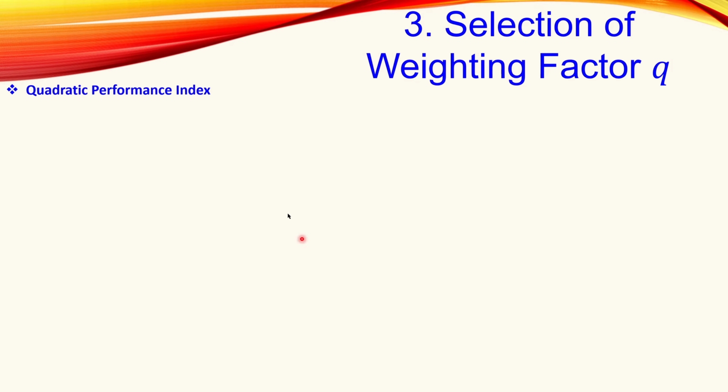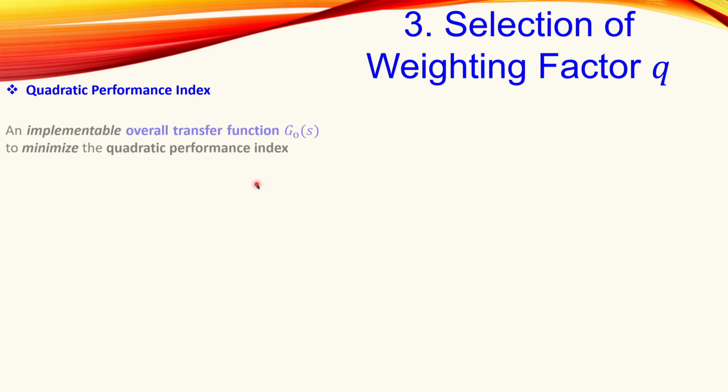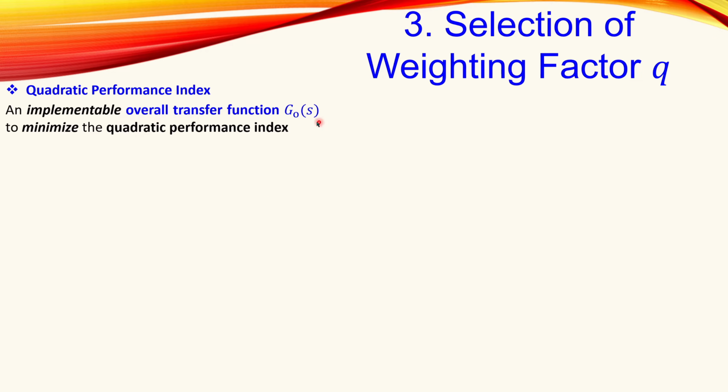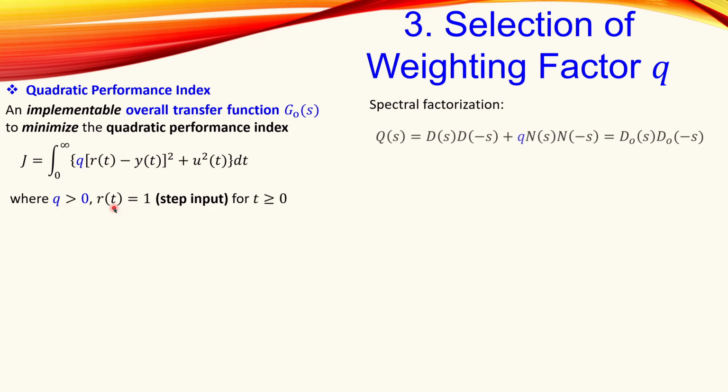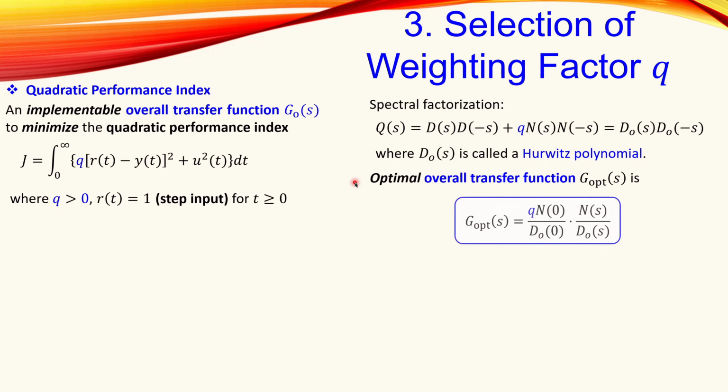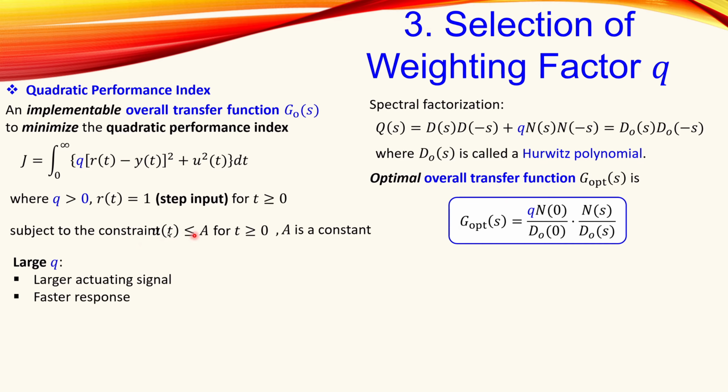Now let's also look at the selection of the weighting factors, the Q. So how do we do that? Now, an implementable overall transfer function to minimize the quadratic index. This is again what we have, and this is what we always do for the R, which is the step input. Now, spectral factorization, we have discussed this, and this is the formula we need. Now, if I take a large Q, that means there is a larger actuating signal, and the response is also faster.